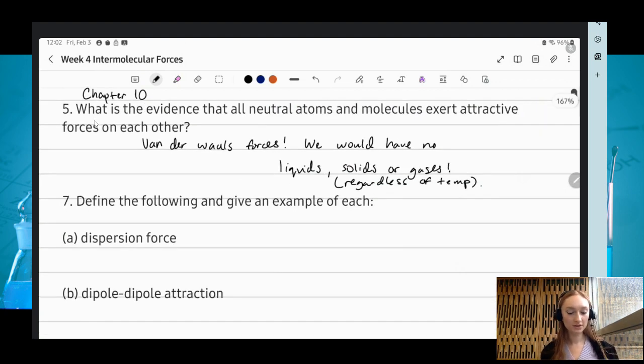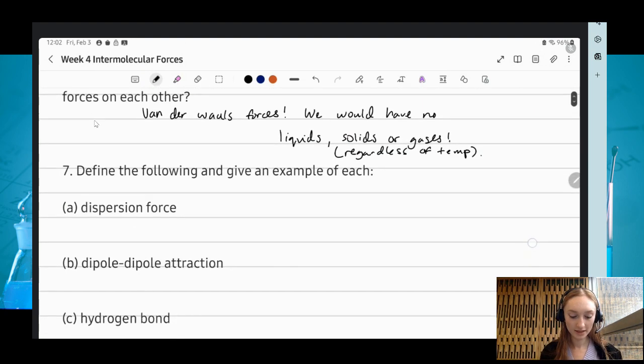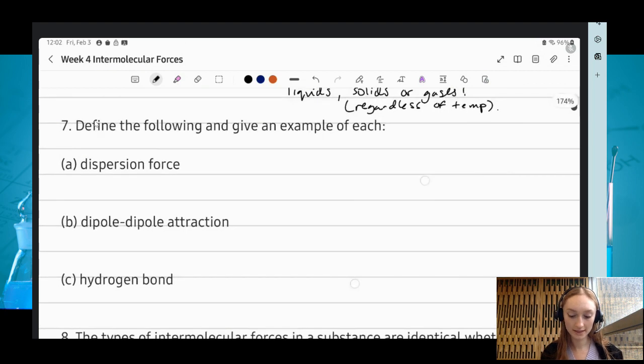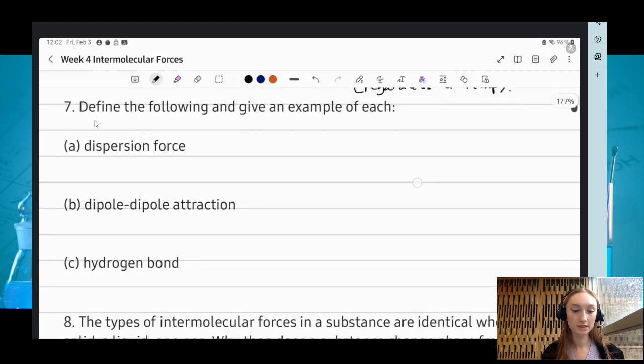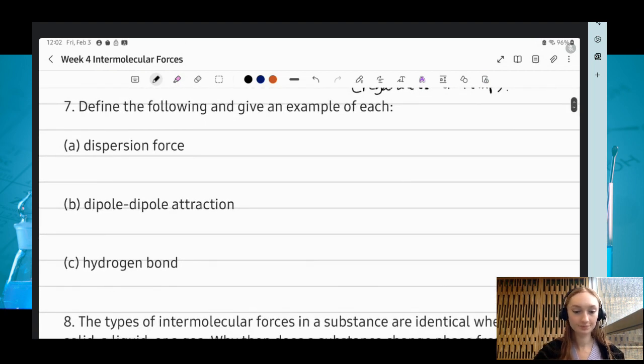Okay, so let's move on to the next problem. It says define the following and give an example of each. So the first one is the dispersion force. The dispersion force is the attraction force in the van der Waals effect that temporarily happens when atoms are in constant motion, and then it'll have a temporary attraction between the two atoms or molecules or what have you.